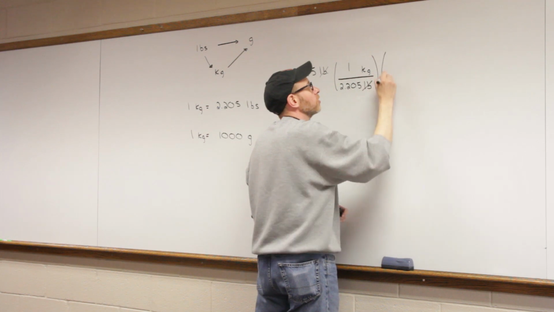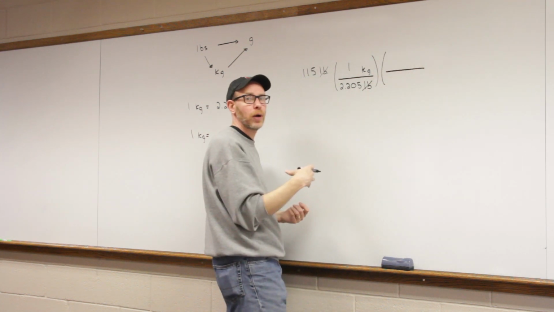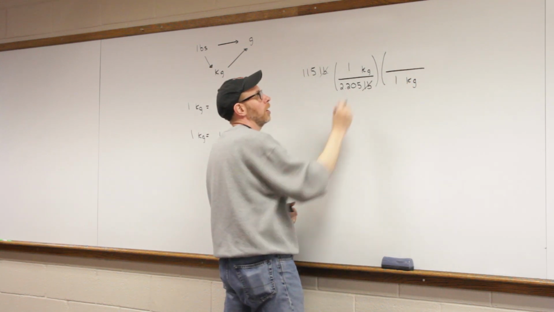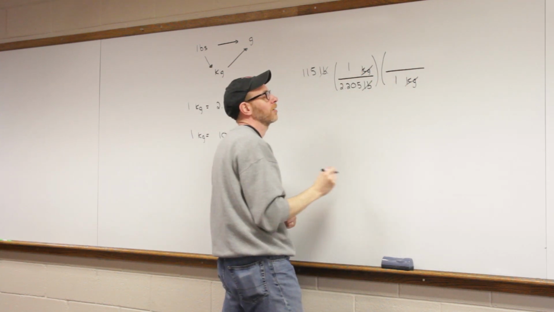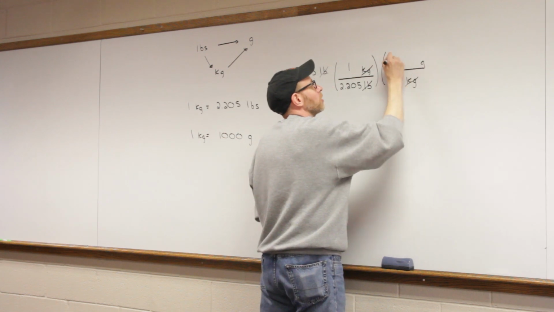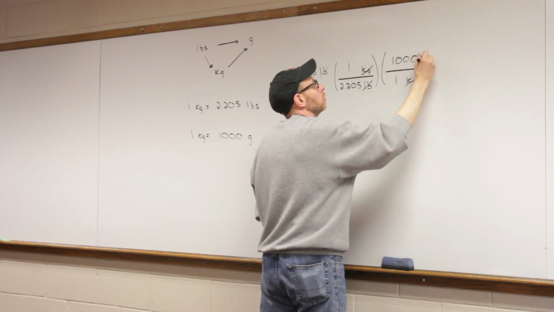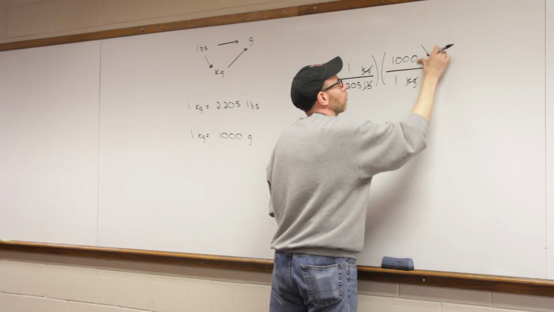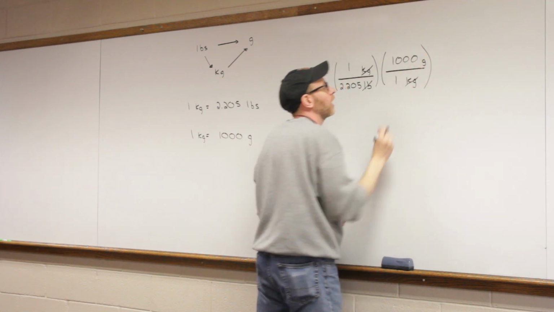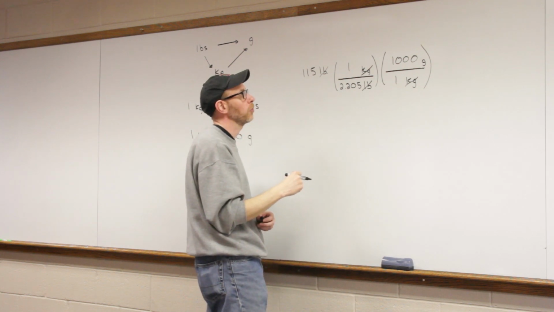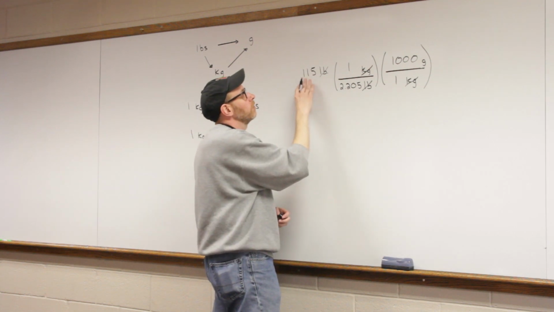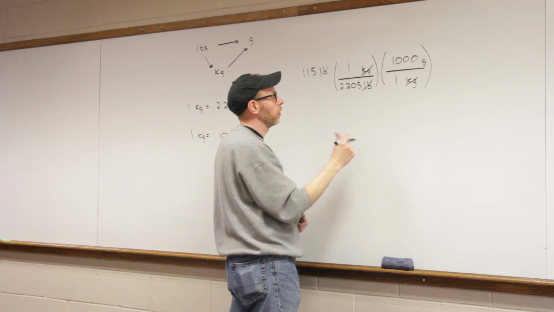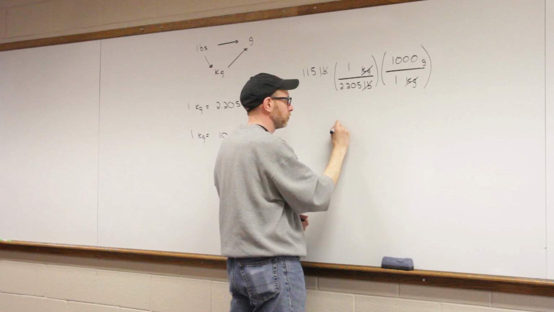That's not where we want to stop, however. We want to end up with grams. So in 1 kilogram, again, the kilogram goes on the bottom so that it crosses out. How many grams are there? 1,000 grams. And that is not crossed out because there's no unit to cross it out with. That's the unit we're going to end up with. So now we've converted pounds to kilograms to grams. That's the point we want to get to.